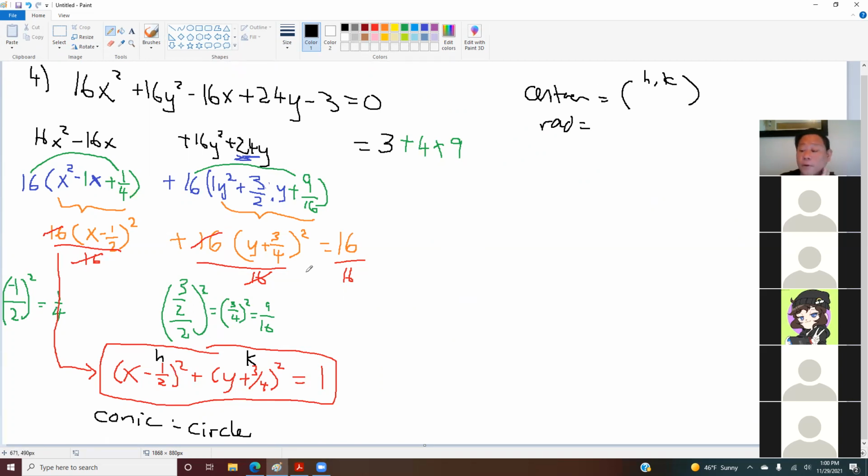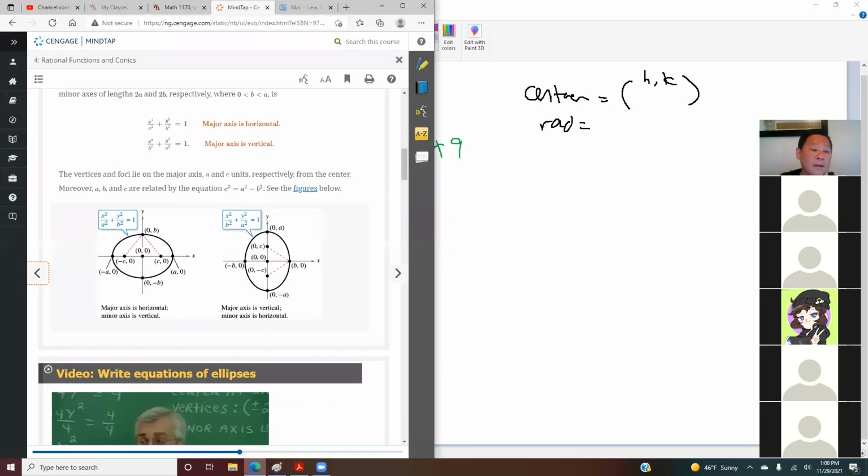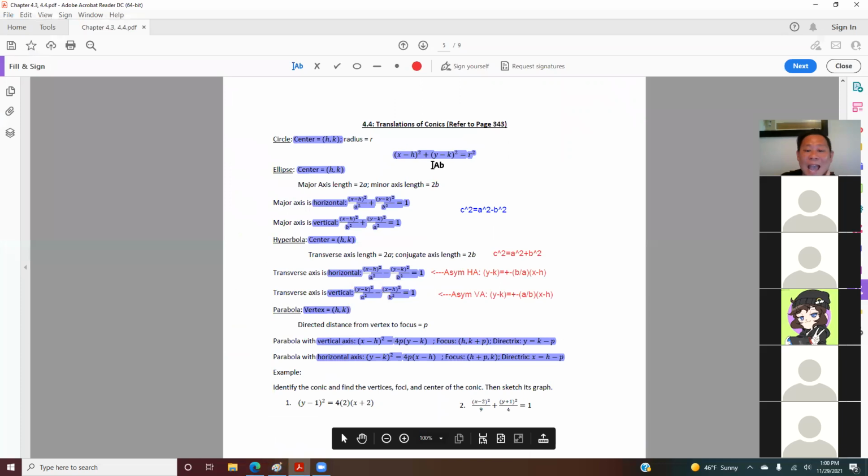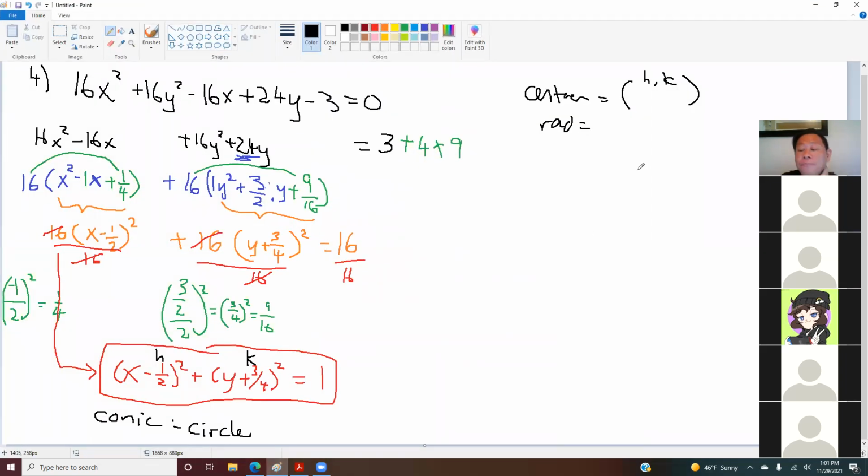Don't forget, all the signs here have a negative on it, but your h, k is positive. So what it means here is your h and k signs are flipped. If you got a negative, it becomes positive. If it's a positive, it becomes negative. So what is your center in this case? Positive 1/2 and negative 3/4. So make sure you guys know that.